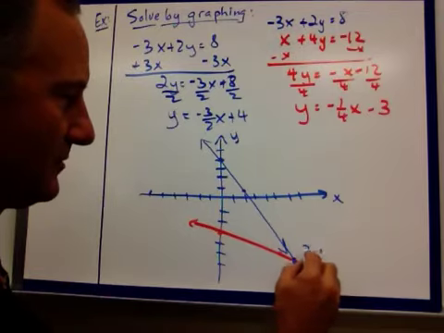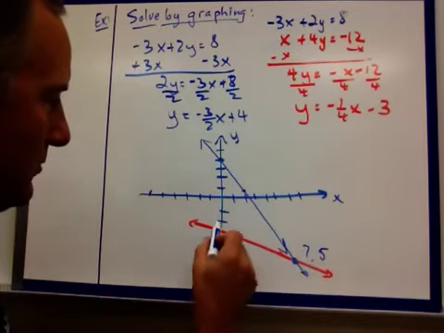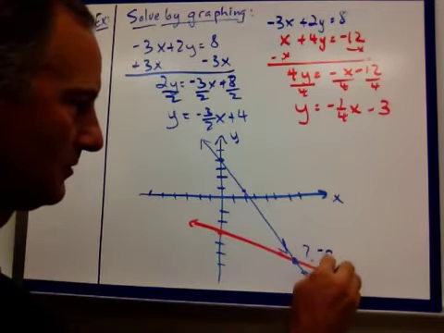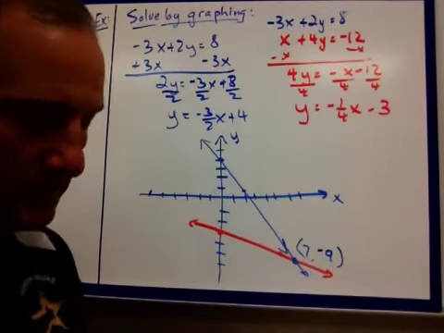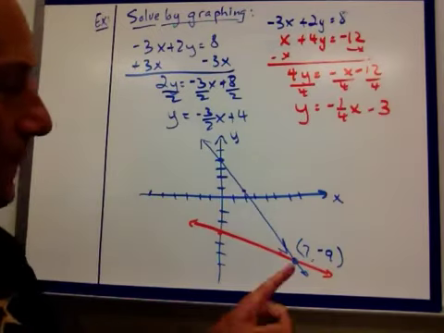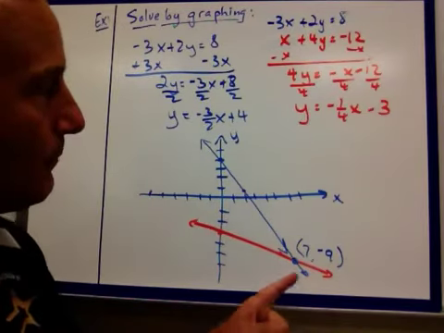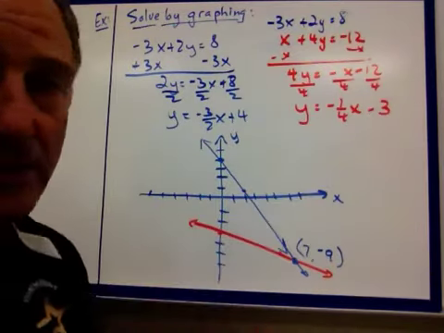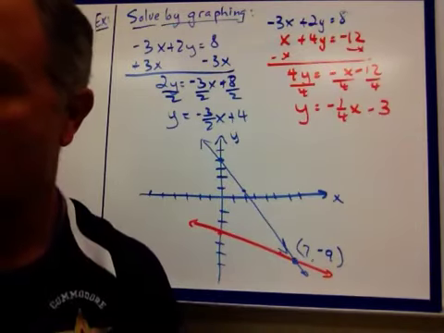It's about 7. When I go down 4, 3, 4, 5, 6, 7, it's going to be somewhere in the neighborhood there. Now what do you do when you're doing it by hand? How do I know if that's the right answer? Plug it back in. And you can figure them both out, and they should both be equal.